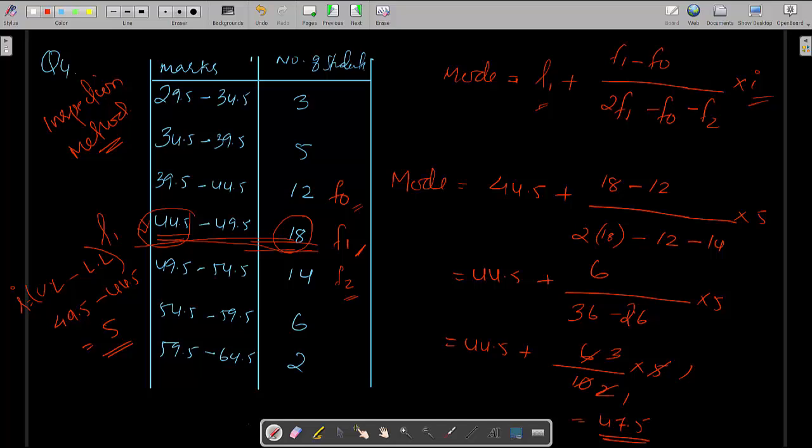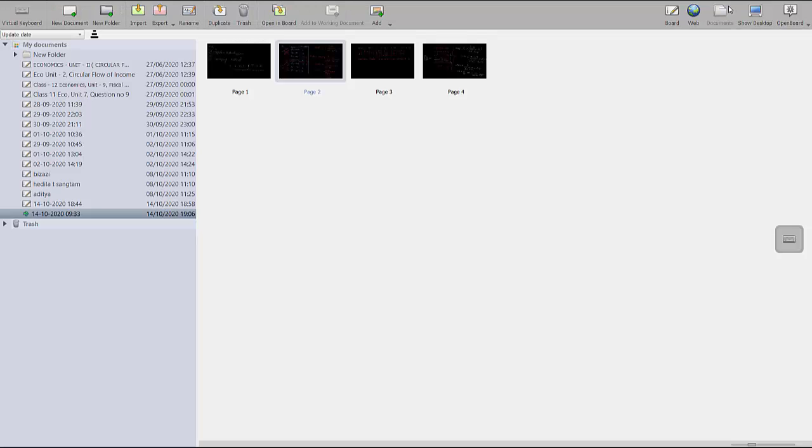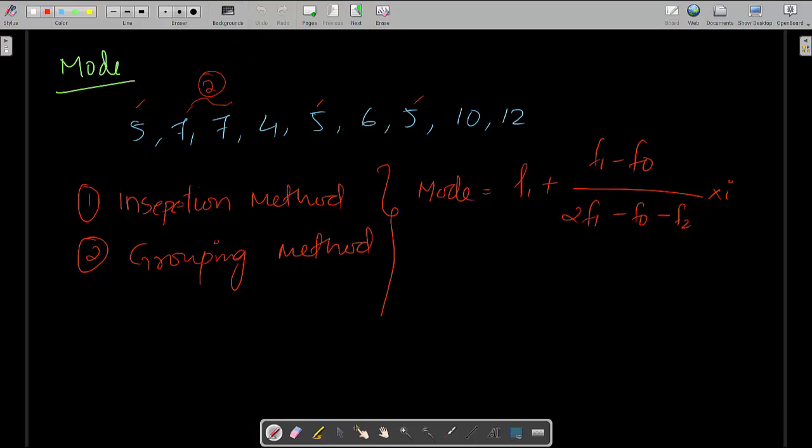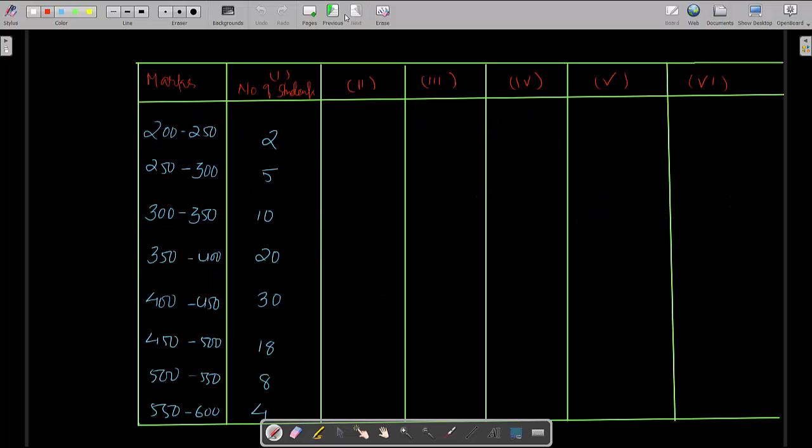Okay, so let's proceed to our grouping method. All right, so I hope you're clear with the inspection method. Now let's do the grouping method. In the grouping method, there is a formula that you have to apply.